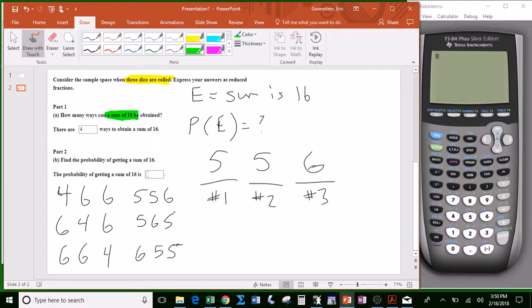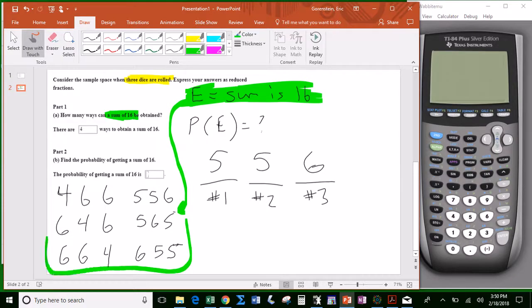Remember, this is our event E, and we're counting how many ways E can happen. We have 2 6s, we have 1 6. There has to be a 6.